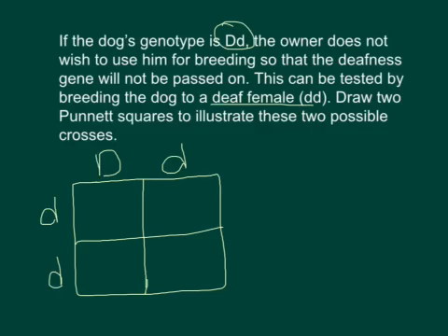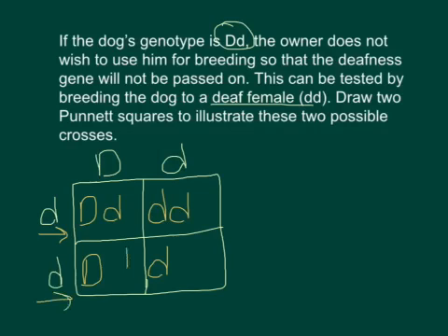Once you have your alleles written, all you have to do is fill in the boxes. And to do that, you just fill in down and across. So our big D is going to fill in down. Our little d is going to fill in down. This one's going to fill over. This is going to fill over.